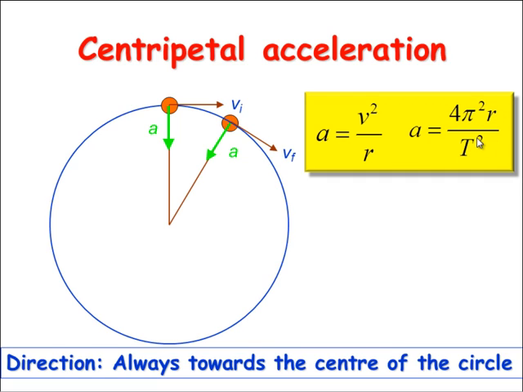Now this is a rearrangement of v squared, where v equals 2 pi r on T. So rearranging that, substituting in v equals 2 pi r on T, we can produce that. I'll do that in class for you so you can see the rearrangement, but I'd encourage you to have a go and see if you can substitute that in and come up with that before class.